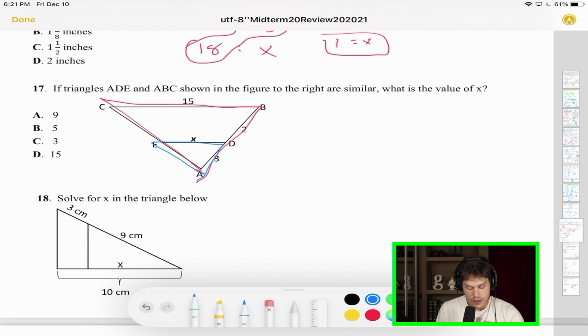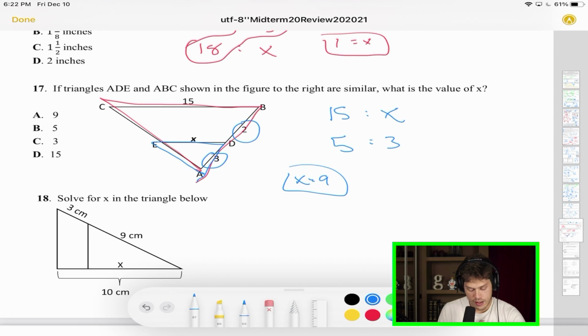So 15 is to x as this side plus this side, as 5 is to 3. Then you cross multiply. 15 times 3 is 45. 5 times 9 is 45, so x equals 9. A.